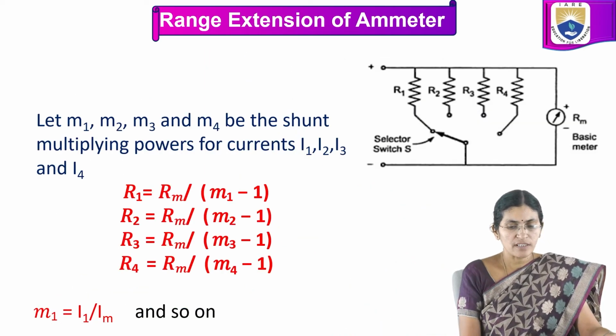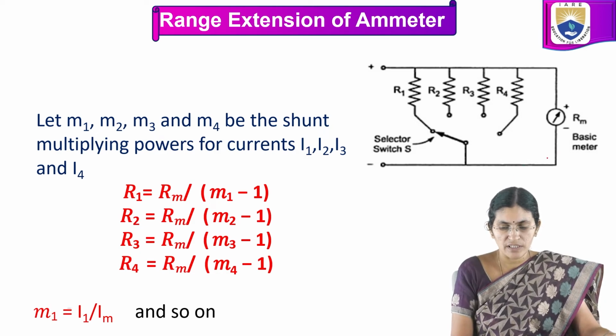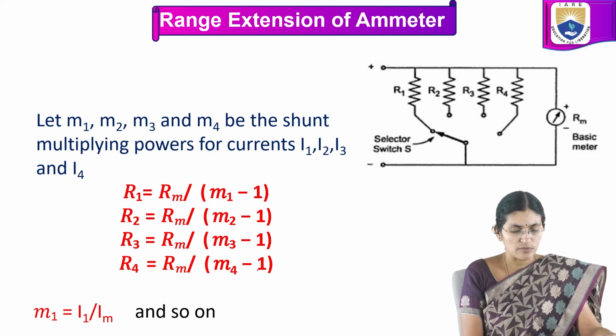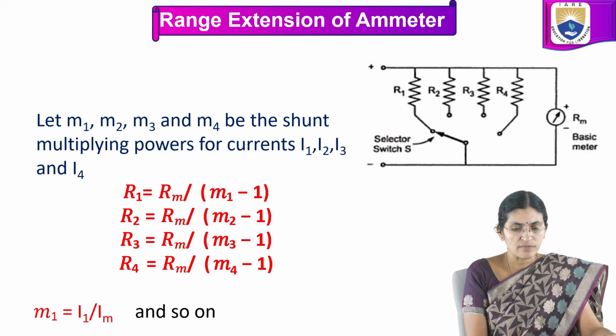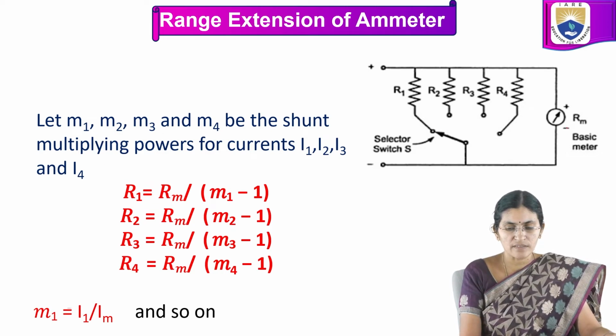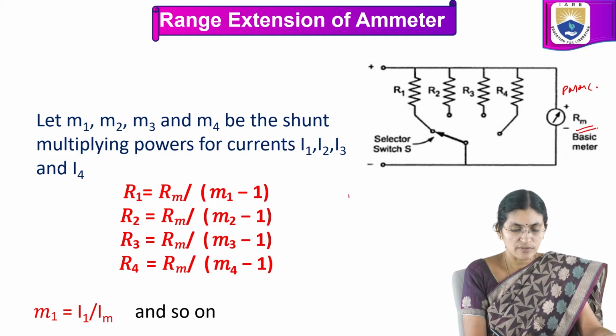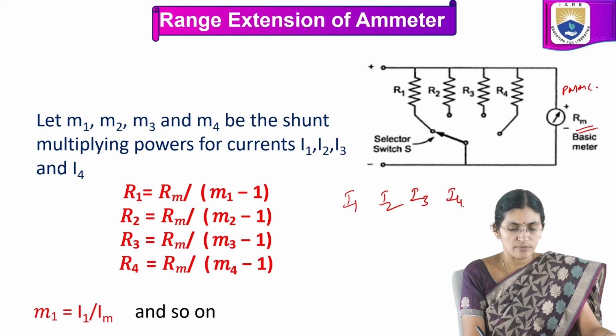So we can modify this ammeter in order to extend its range to different values. Suppose we have connected here the PMMC instrument, and RM is the meter resistance, and suppose we need to measure different currents. We need to extend its range to I1, I2, I3 and I4.